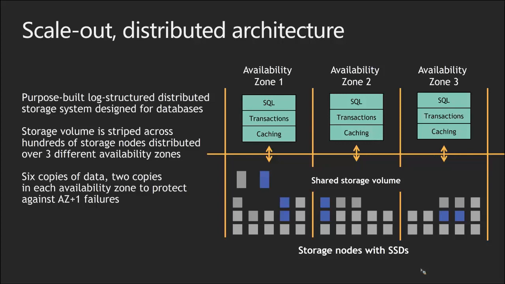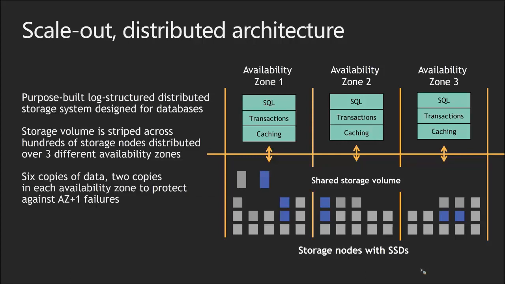So as you make changes, as you make updates and inserts into the database, all of those changes are stored as logs. And that means that we overcome many of the problems that other database storage systems have with block storage or file storage. They have different drawbacks, and here it's a storage system that was purpose built for how databases work.